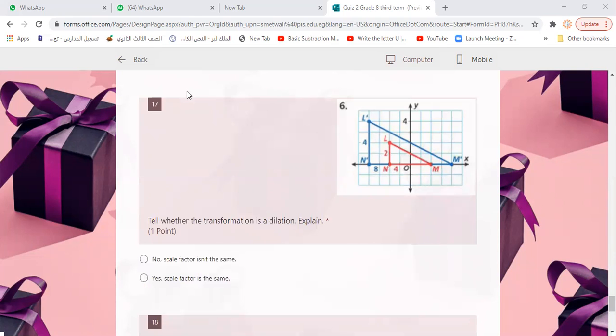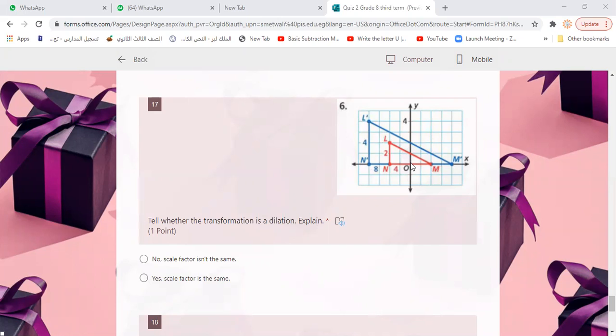Here in this one, in the last question, we want to tell whether the translation is a dilation and say why. To know whether those two triangles are dilations or not, we imagine that if you connect any 2 points, for example L and L prime, N and N prime, and M and M prime, all the lines will intersect at 0.